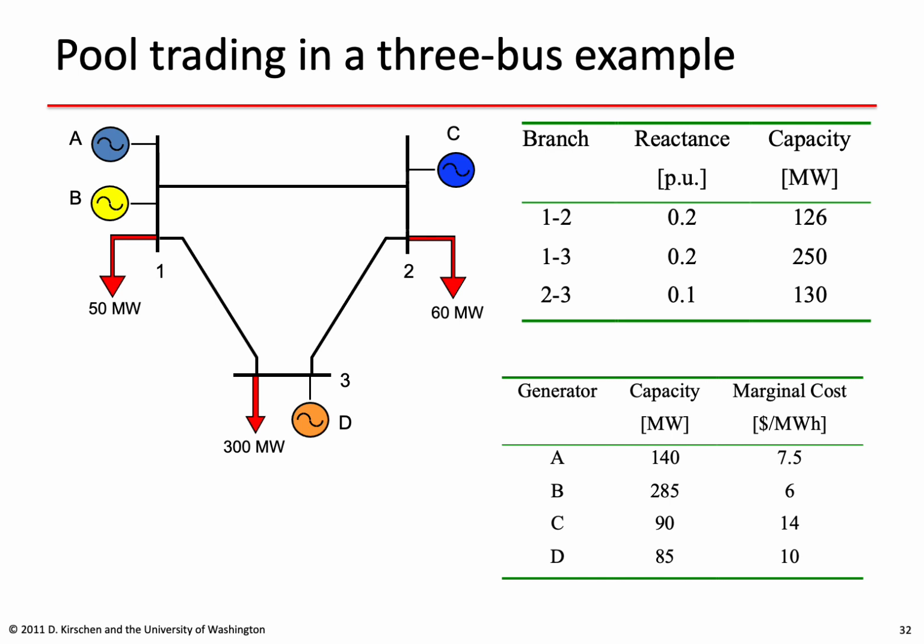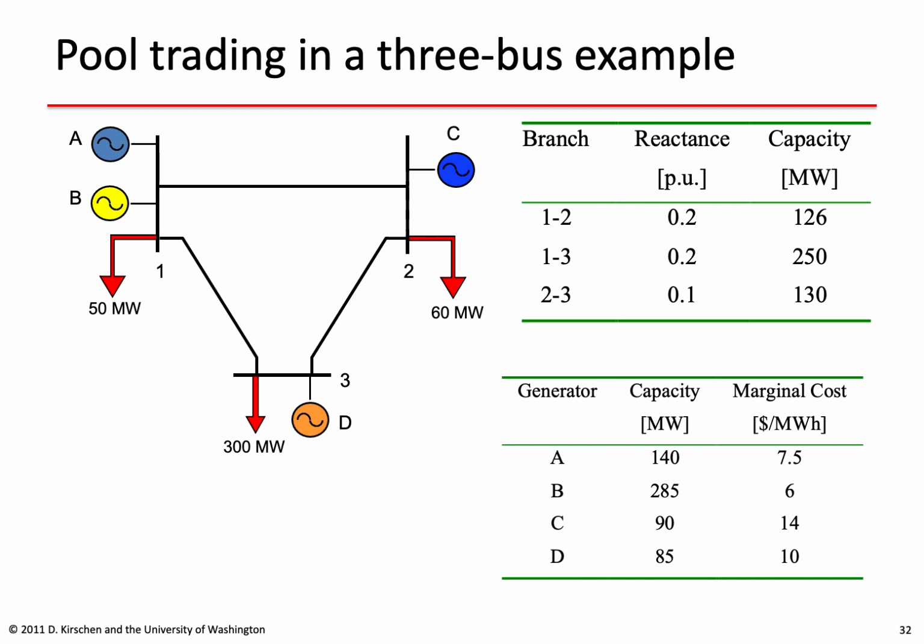We have loads at all 3 buses, and the table on the upper right-hand corner of the slide gives us the reactance and the capacity of each of the branches, and the table on the bottom right gives us the capacity, maximum output of each of these generators, and the marginal costs associated with producing power at each of these generators.